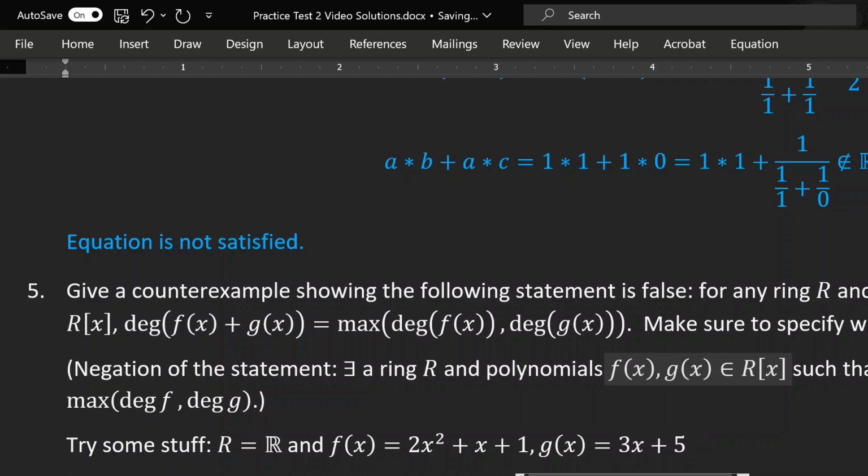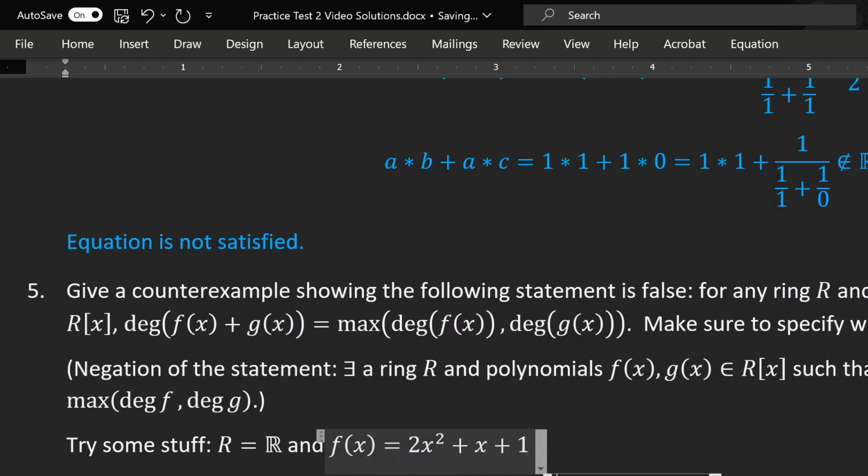Then for f of x plus g of x, we would get 2x squared plus 4x plus 6. So does that satisfy the equation or not?